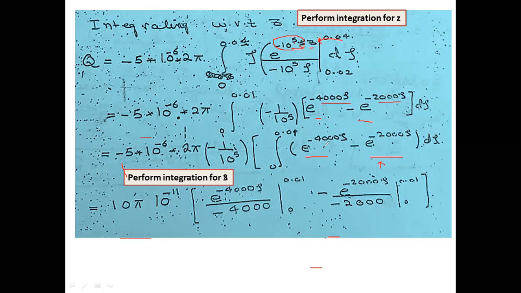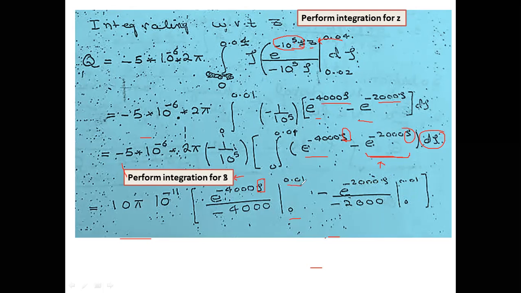Now it is the turn for the integration of rho, so we have to apply the integration for rho. Minus 4000 rho over minus 4000, because it's the integration for rho, applying the limit from 0 to 0.01, and separately for this variable we have e raised to the power minus 22,000 rho divided by minus 2000, again from 0 to 0.01.